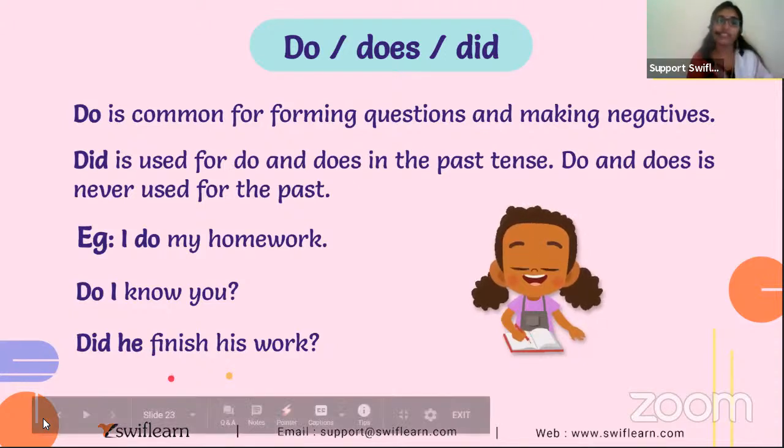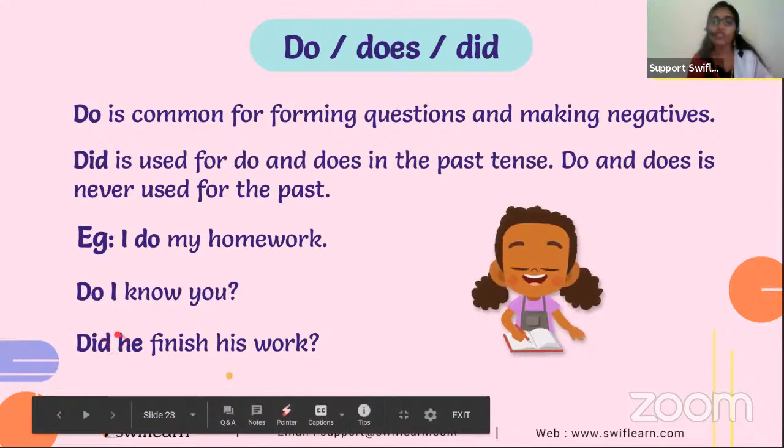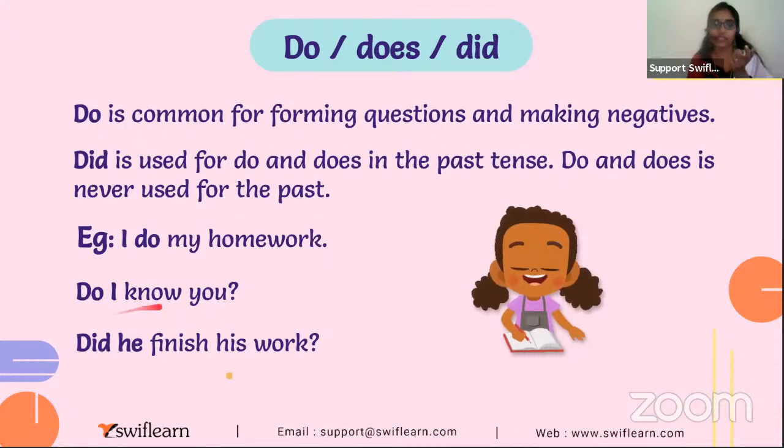That's why I use the word did, because we use did for the past tense. So do for present tense, does for present tense, and did for past tense. I hope this is very clear, students.